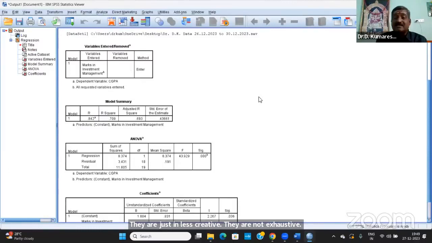We cannot say only these are the independent variables. Apart from the independent variables we have considered, there may be one or more other independent variables that could also influence the dependent variable.